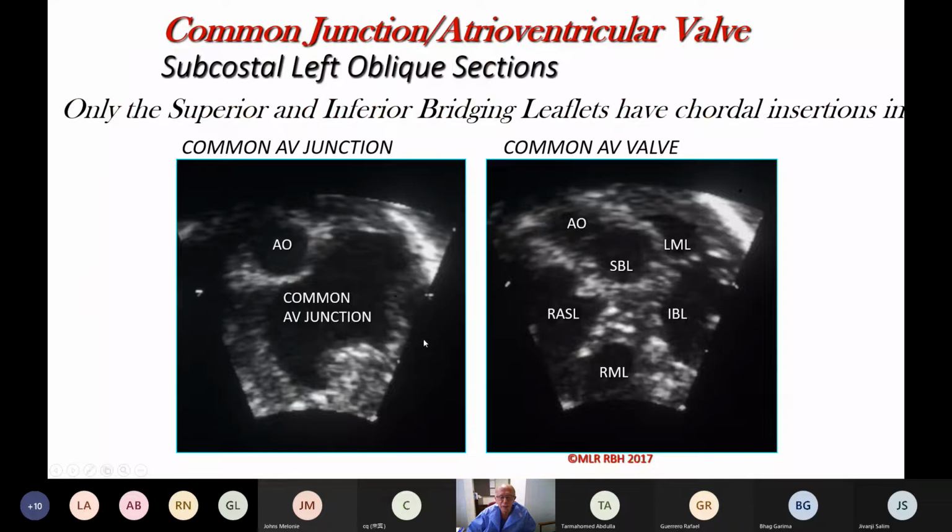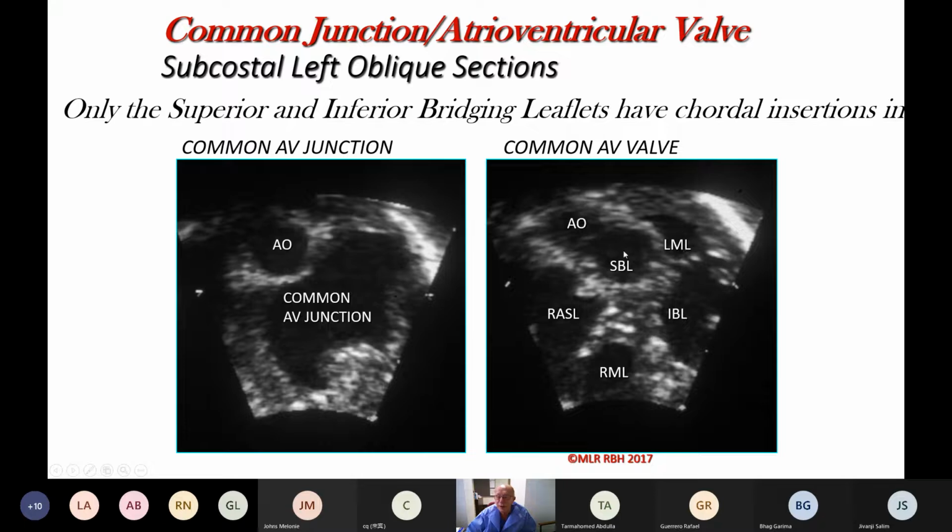If we look at subcostal left oblique short axis sections through the AV junction, you can visualize the common AV junction. And during ventricular systole, when the valve is closed, you can actually image all the 5 leaflets. Here's the superior bridging leaflet, inferior bridging leaflet, left mural leaflet.